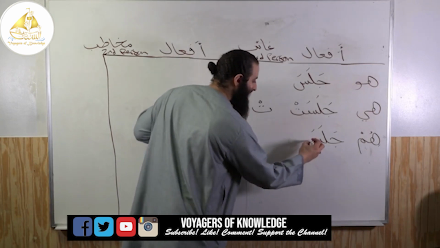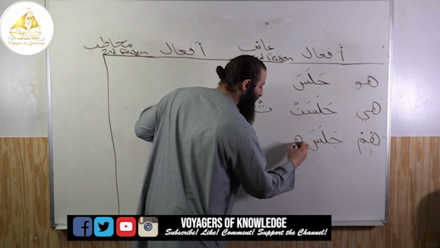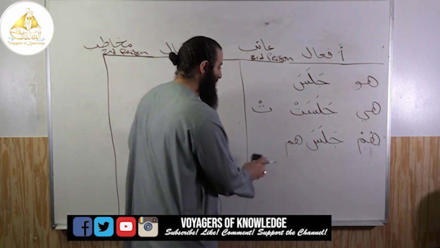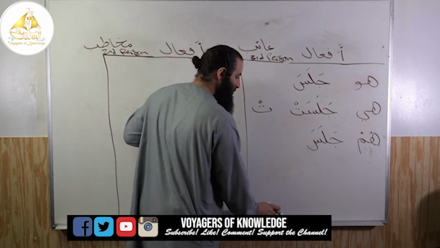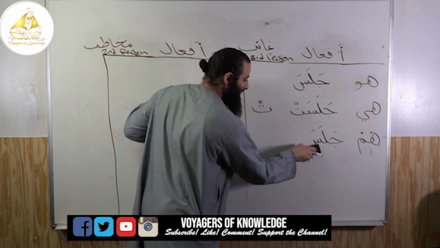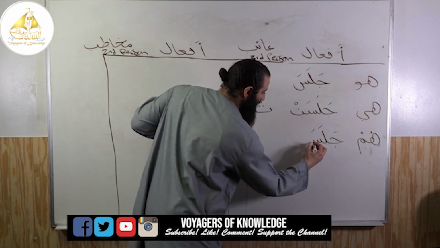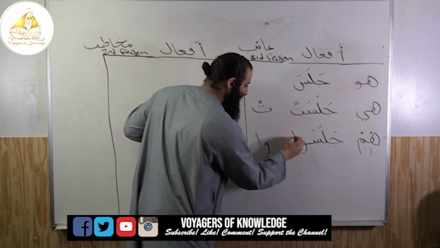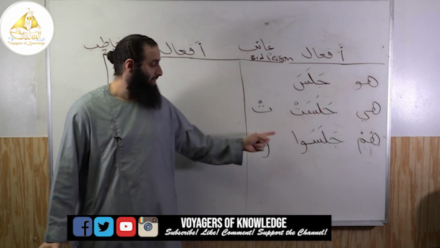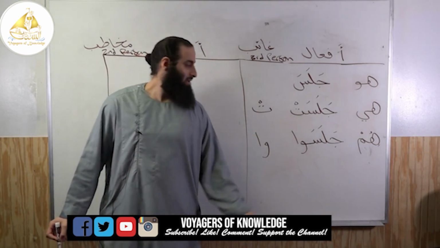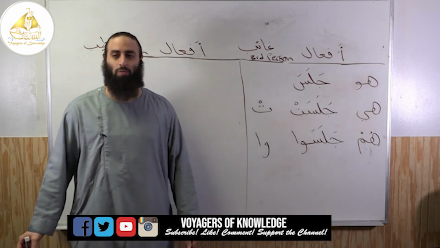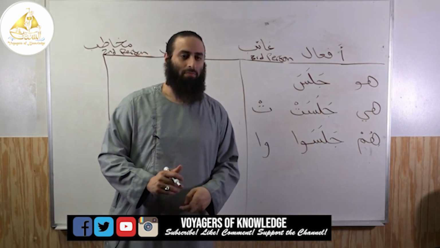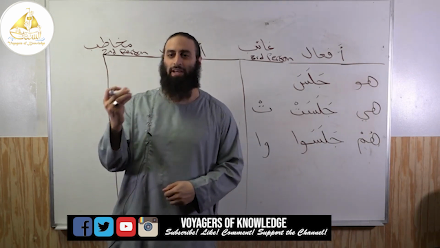They put jalasahum, connecting them. But the correct dhamir and the correct thing to identify the fa'il is a waw. We add a waw alif. This alif is written and not pronounced. This is how you say jalasu, they sat. Akala, what's akala? Akala.